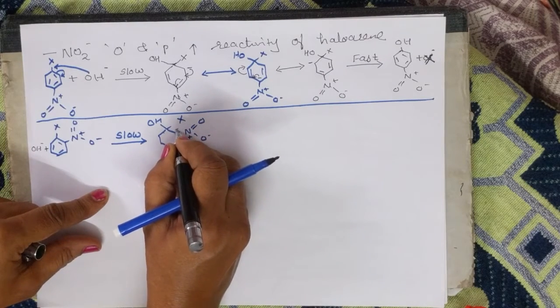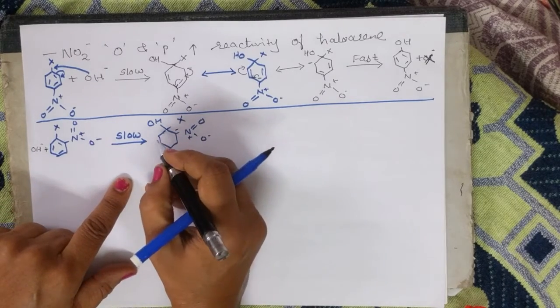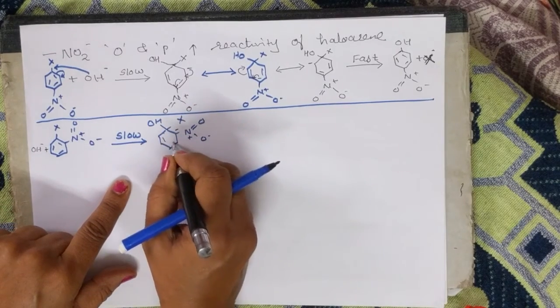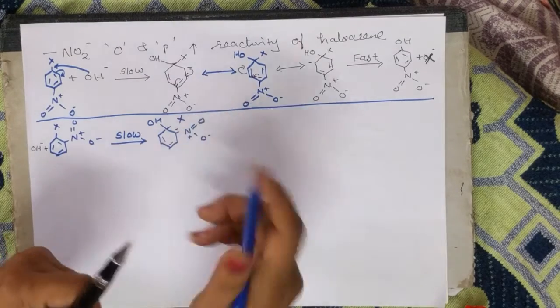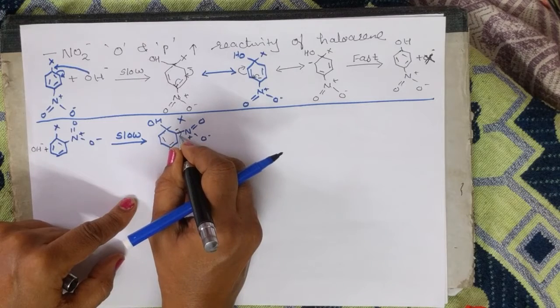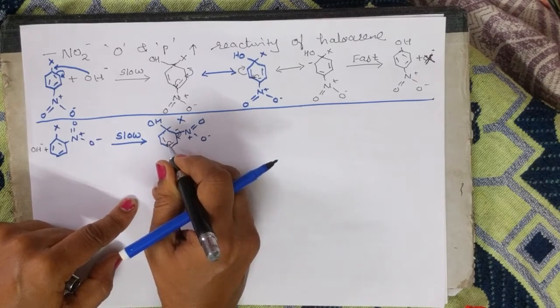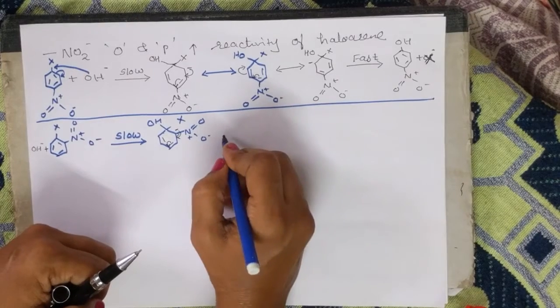Due to the minus charge over here, in the first step, what happens? This minus charge makes a bond here and this bond breaks.